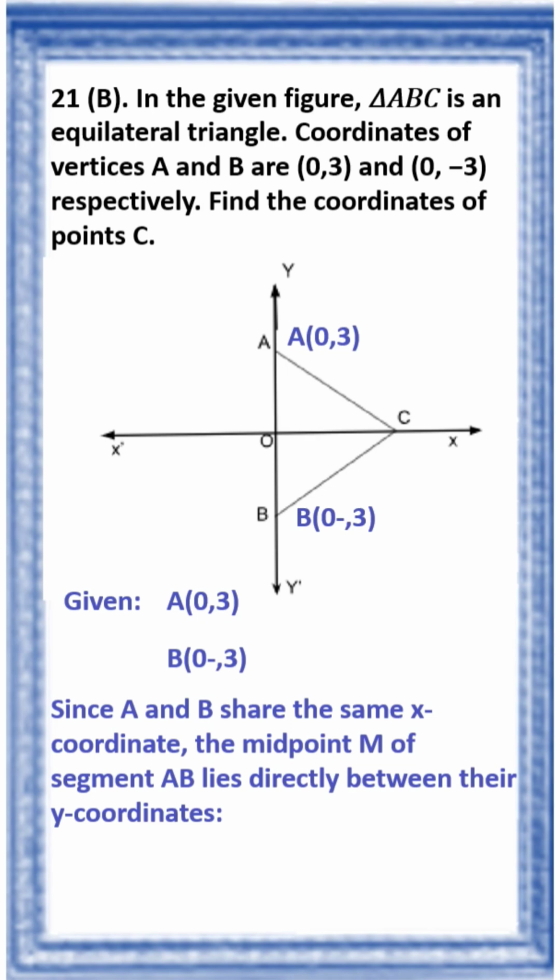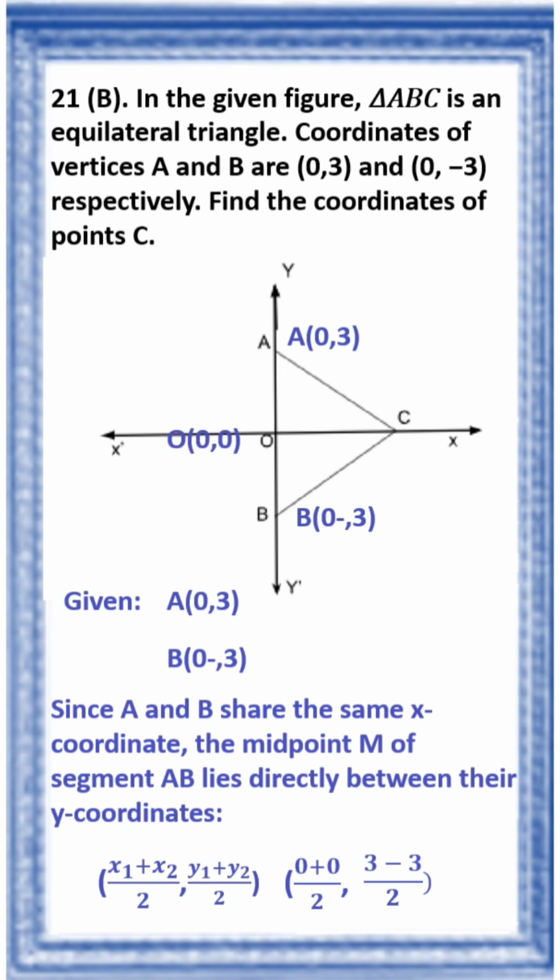But let us calculate. How can we calculate the coordinate of the midpoint? By using the formula x1 plus x2 by 2, y1 plus y2 by 2. Here x1 and x2 are 0, 0 by 2 is 0, y1 is 3 minus 3, that is also 0. Okay. So now we have the coordinate of the origin itself. The midpoint of AB is 0, comma 0.